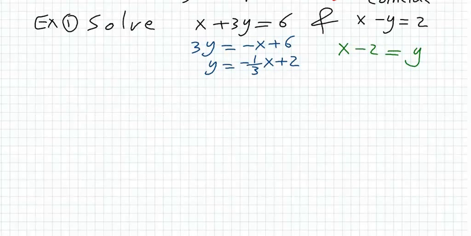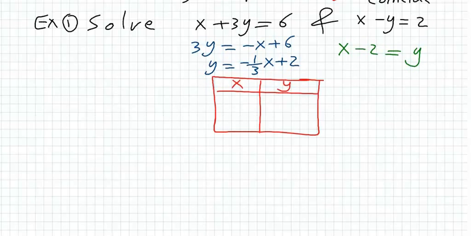Try to find some points on the first line by assuming x and try to find the value of y. For example, if we assume that x is equal to 0, y is going to be 2.